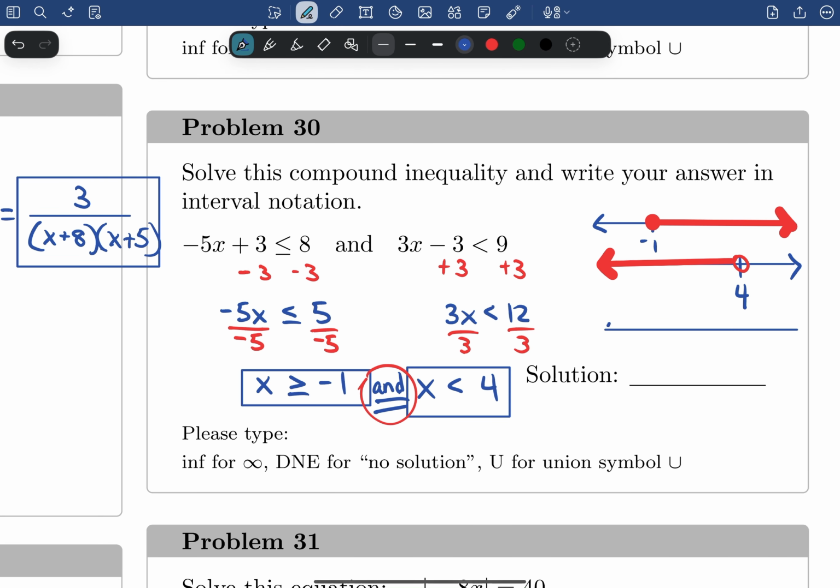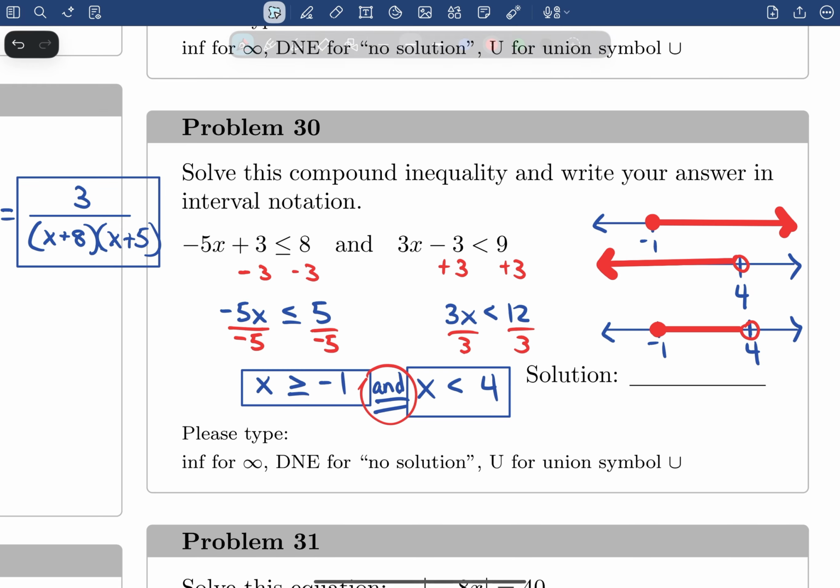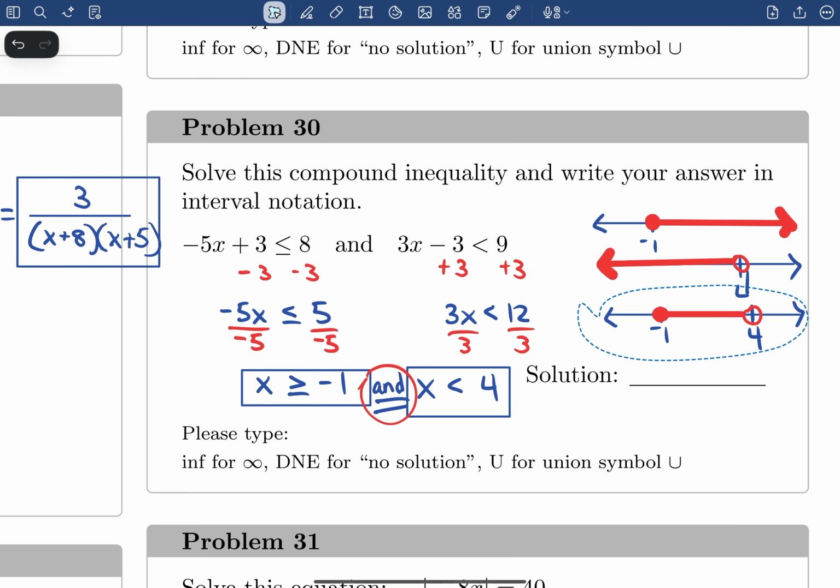I'm going to combine these two number lines into one and just show the shaded region that they share in common. At -1, I have a closed dot, and at 4, I have an open dot. The only overlap is the space between these two values. This is my solution, and I'm going to report it in interval notation.